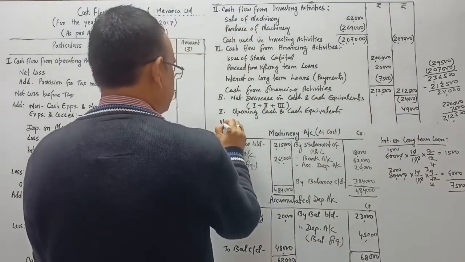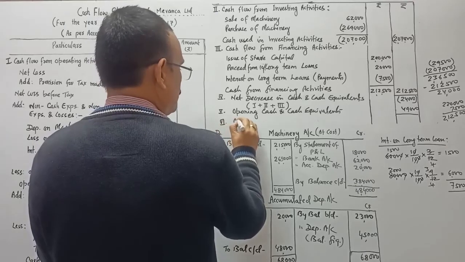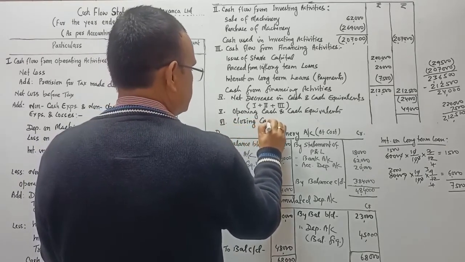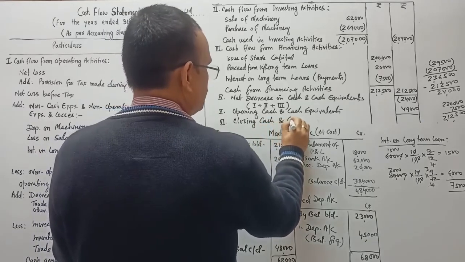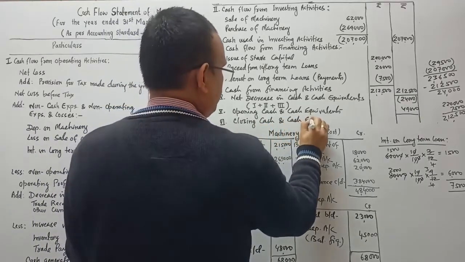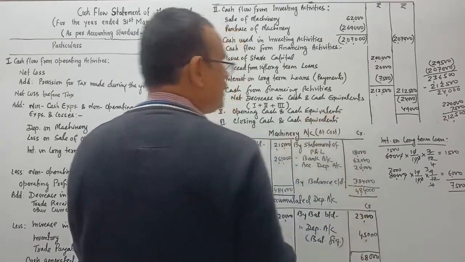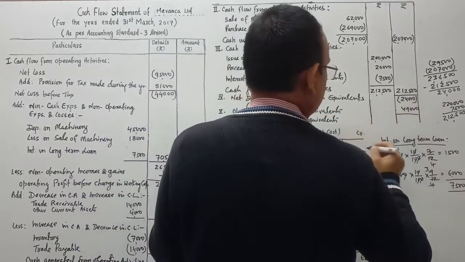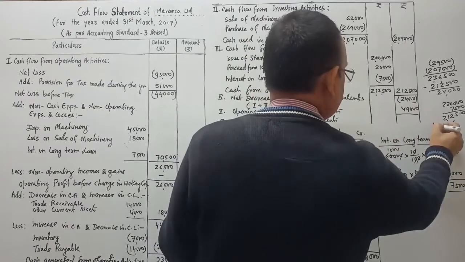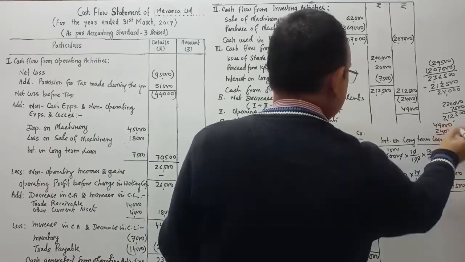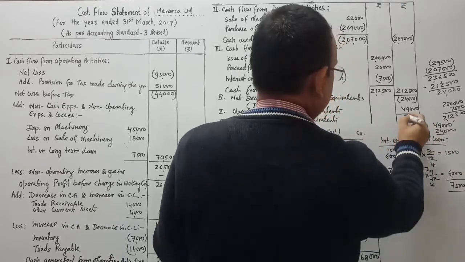So net resultant will be closing cash and cash equivalent. So when we deduct it, 49 minus 24, so it is how much? 25,000 plus.